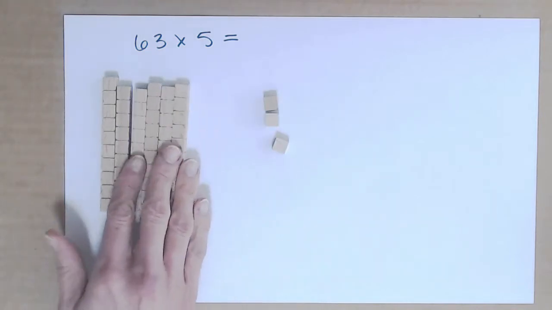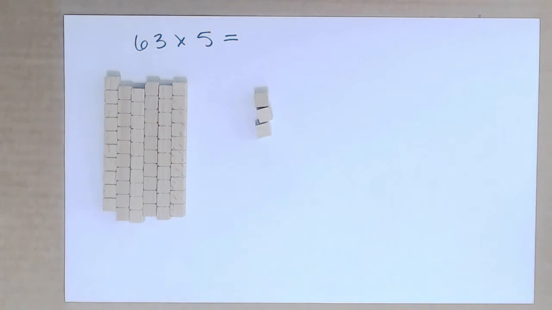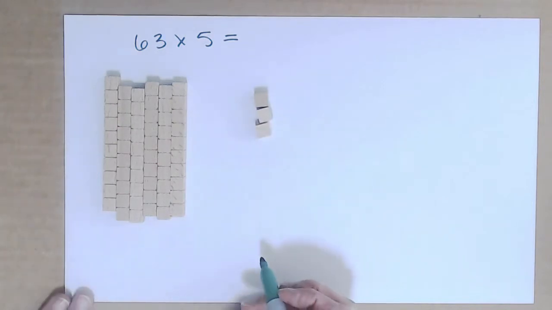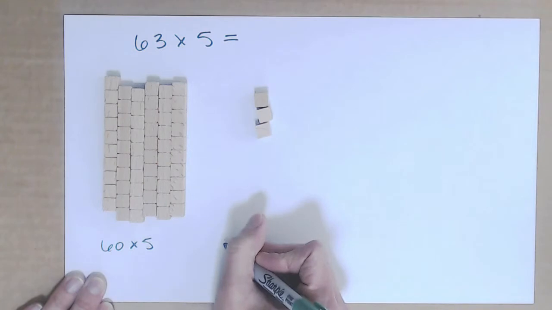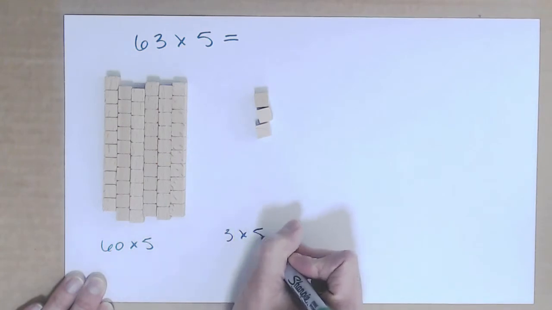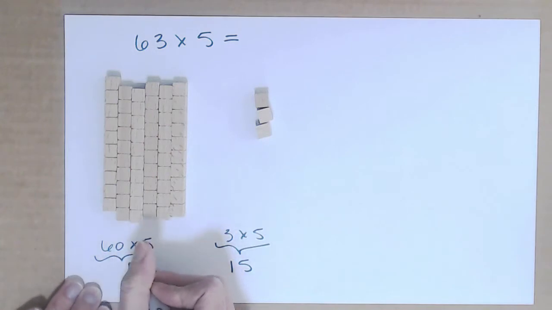We have the 60, 10, 20, 30, 40, 50, 60, and the 3. You're going to multiply this group by 5 and this group by 5. So in your head, you're thinking, I want to take 60 times 5, and I want to take 3 times 5. That'll give you 15, and this will give you 300.